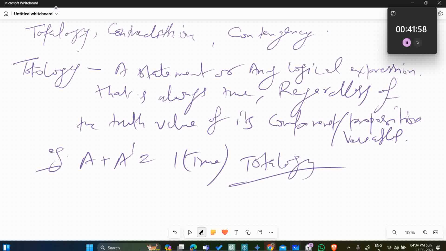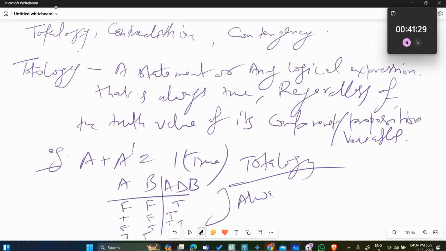Or let's say A and B are two propositional variables, and in the truth table, whatever the values of A and B, the resultant is always true. So it's a tautology.